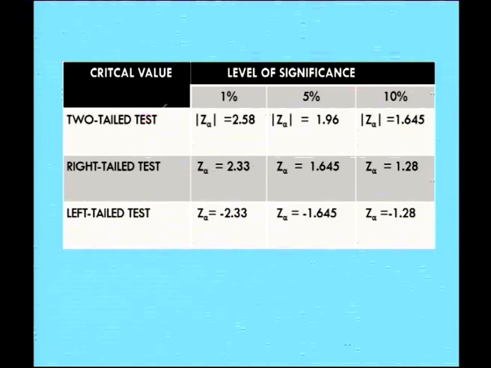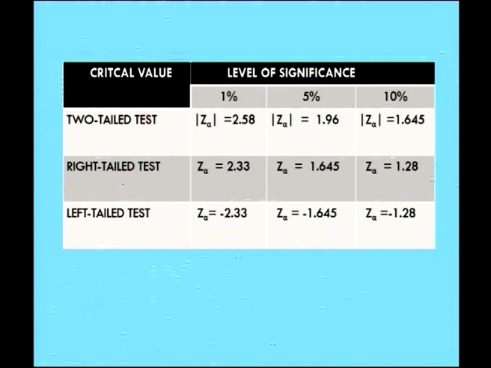For critical value, the level of significance values, Z alpha is 2.58, that is, this is the tabulated value of Z at 1% level of significance. The standard values for the normal distribution for the large sample test: Z at 1% is 2.58, whereas Z at 5% is 1.96 and Z at 10% is 1.645.